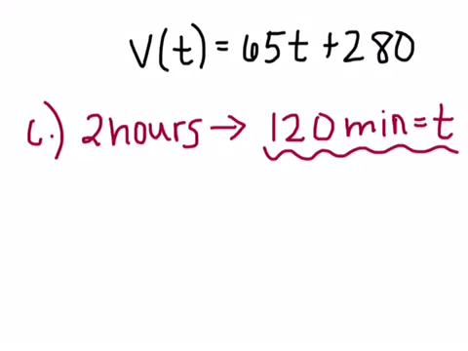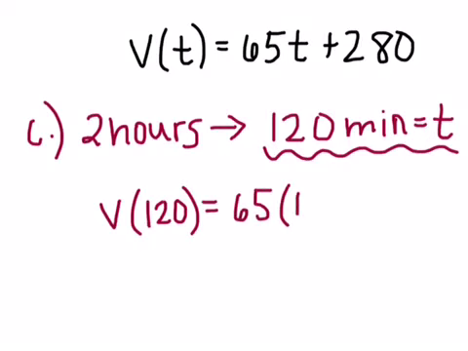So when we put this into our equation, we're going to do volume at 120 minutes equals 65 times 120 plus 280. And we're going to put that in our calculator. And we get 8,080.